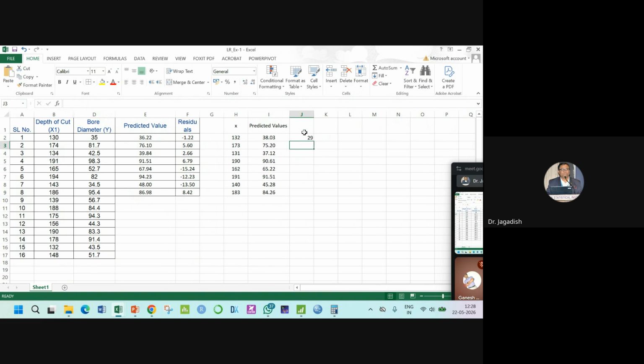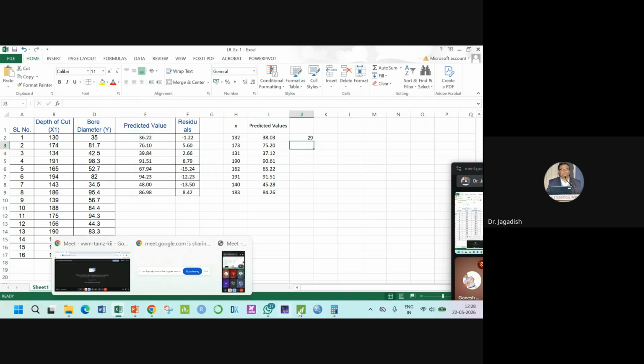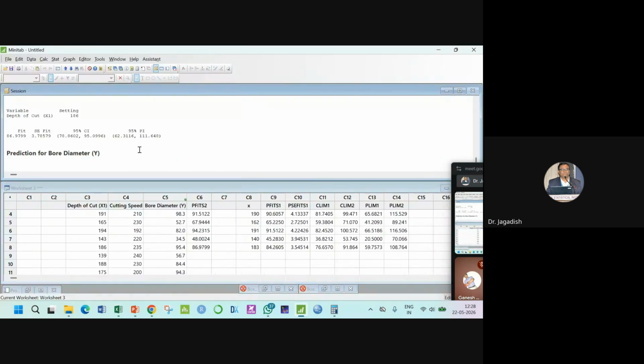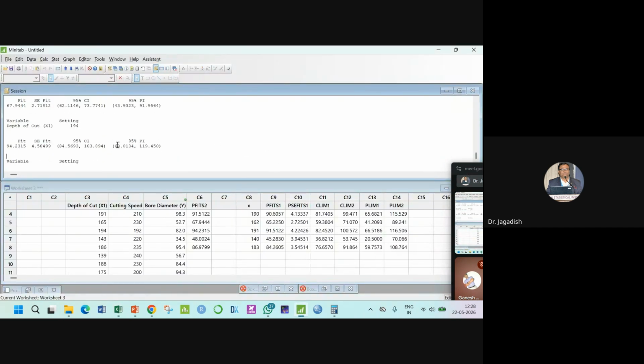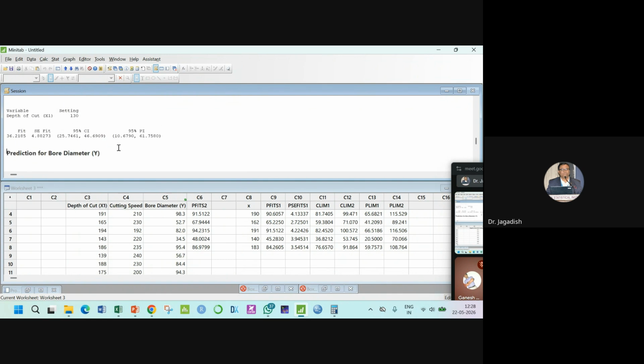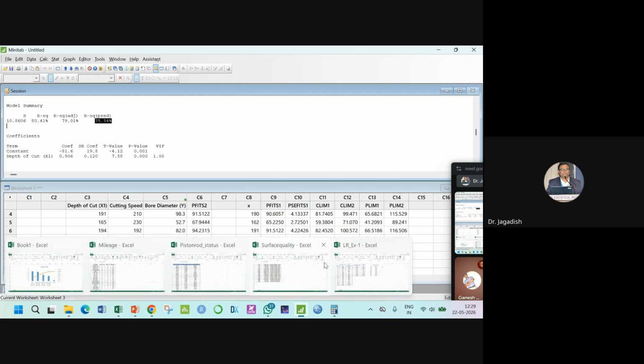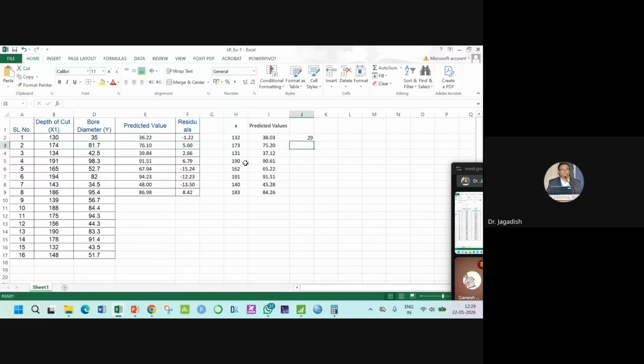As I was told, the approximate prediction capability is how much? What was the prediction capability of this predicted bore diameter? Yes, it is only 75.54%, right? That means 75.54% of the accuracy it will predict, for different values or even outside of the boundary also.